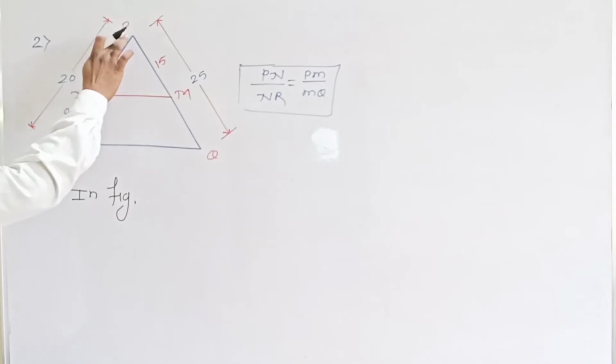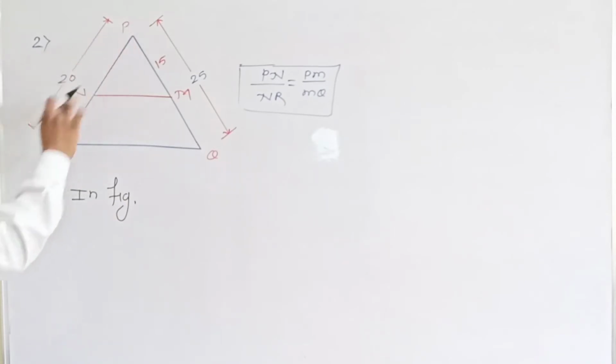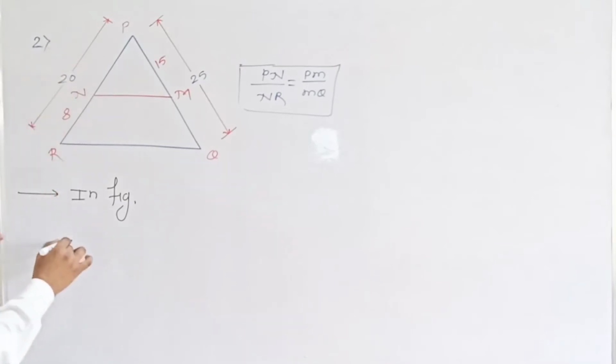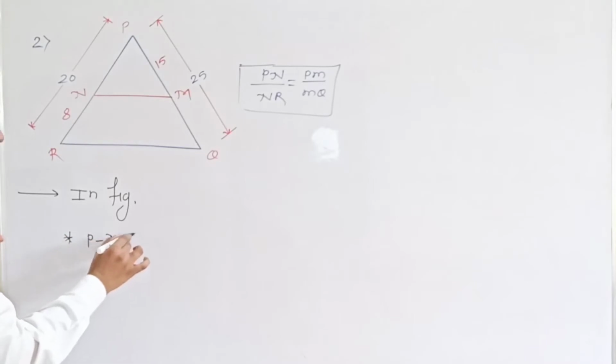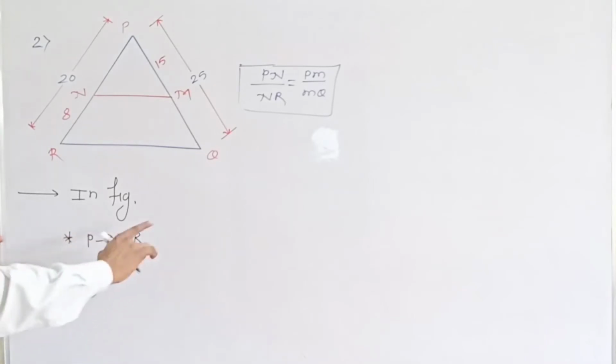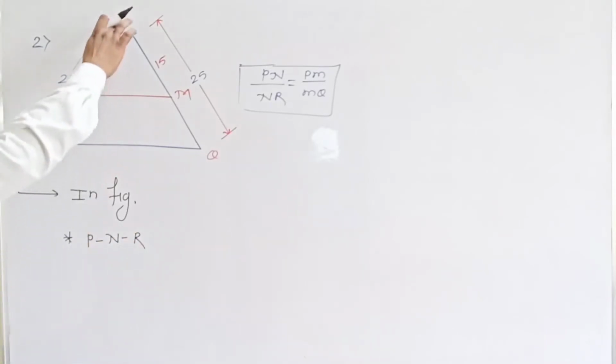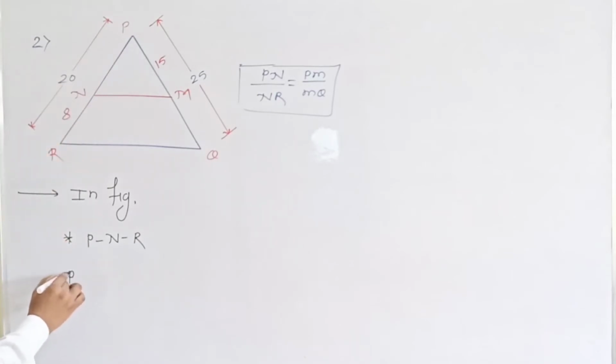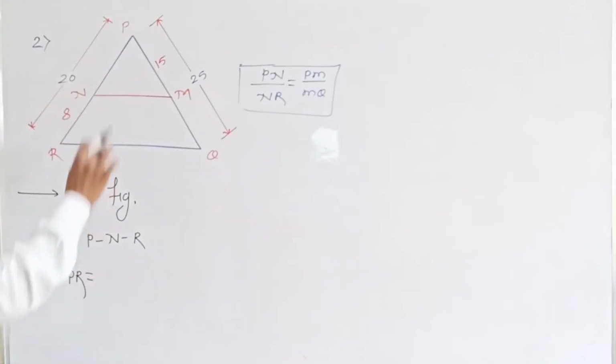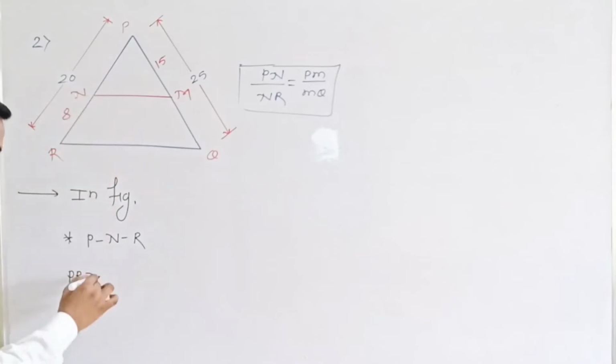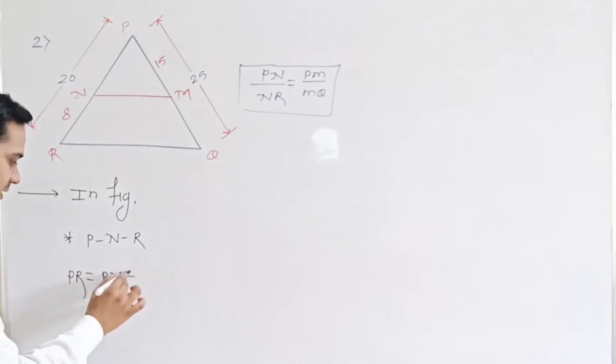Mind well, this is vertex P, and P, N and R, these 3 points are collinear. That means P dash N dash R. Now if these 3 points are collinear, that means the length of this PR is equal to the sum of these two, that means PN plus NR.